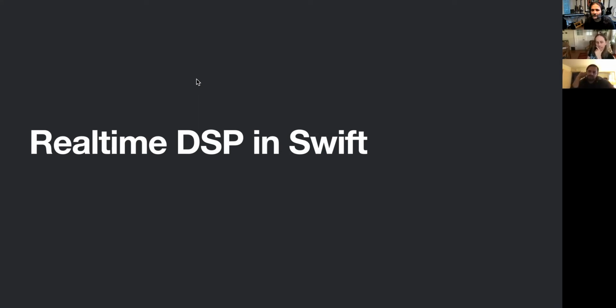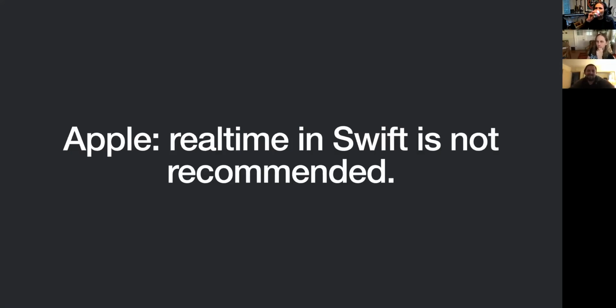And it was just kind of bumming me out that I'm not supposed to write DSP code in Swift. Apple says that they don't recommend it. If you create a new audio unit plugin from the template, it's in Objective-C and really mostly C++, because doing Objective-C stuff is not real-time safe either. Right.